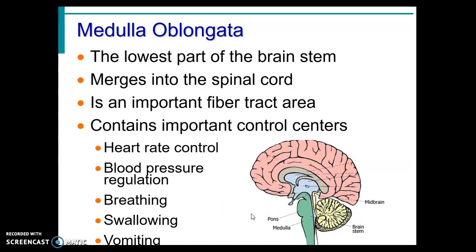The nerve that controls your gag reflex, I'm sure most people have experienced it. If you reach a little too far back in your throat, you get that little feeling like you're going to throw up almost. That's called a gag reflex, and that's actually controlled by your cranial nerves that come off right from this area.